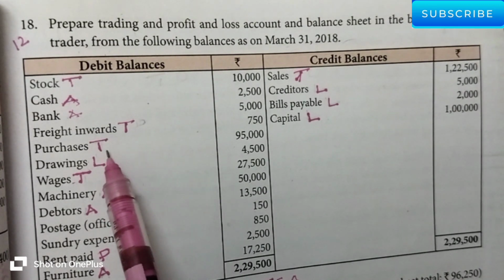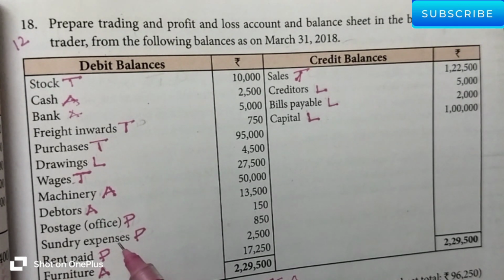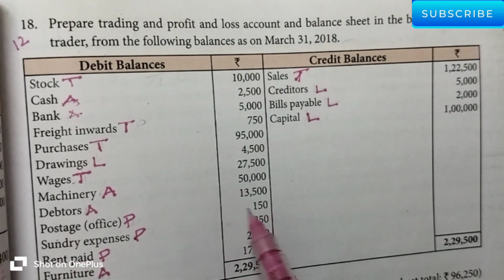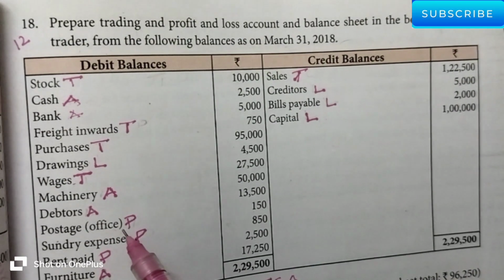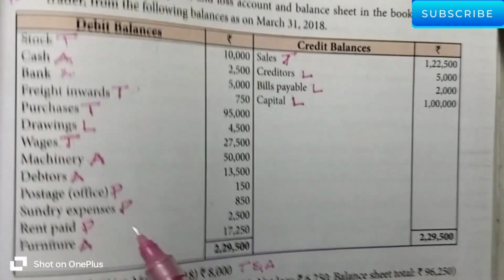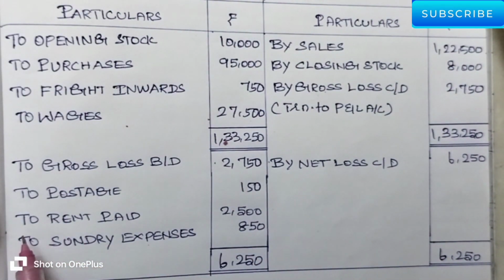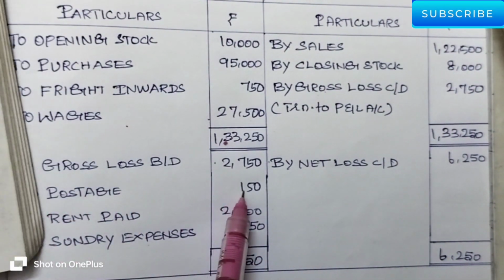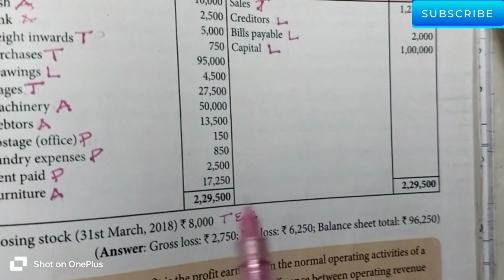Trading account, T, we completed. Now we are going to consider only P, okay. So postage, office postage 150 rupees. So office postage under administrative expenses, it's an indirect expense, you are going to enter into profit and loss account. So to postage 150 rupees entered on debit side.